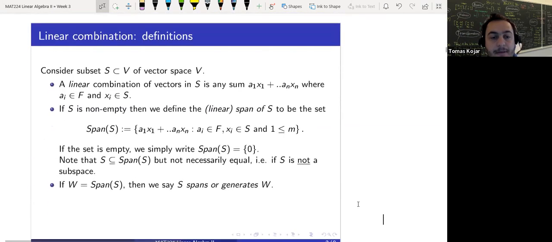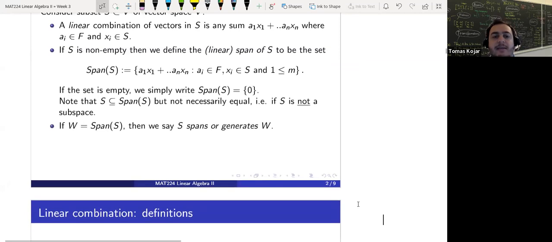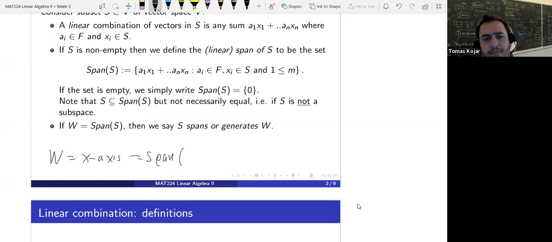All right, and if W is equal to the span of S, then we say that span of S is W. So in our example, take W to be the x-axis. Then this is in the span of (1, 0).